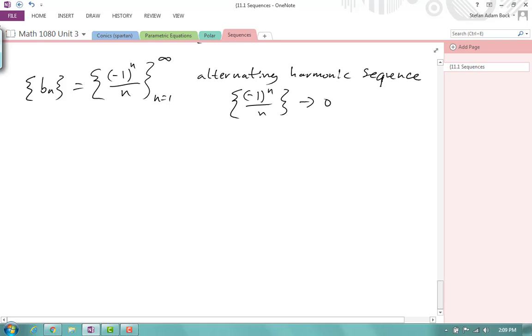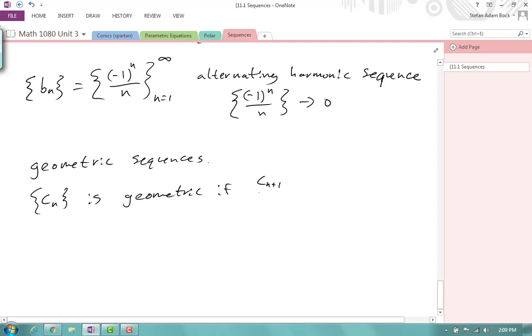And then we have geometric sequences. So I'll say C sub n is geometric if C sub n plus 1 divided by C sub n is equal to r for all n.